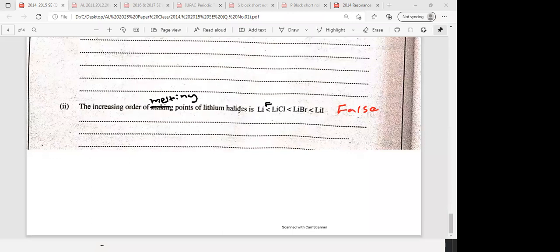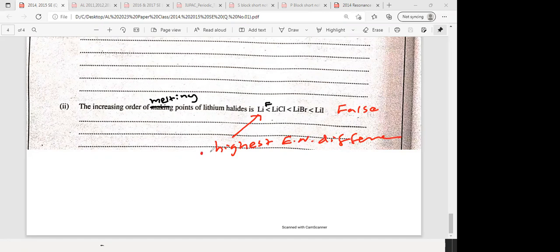Electronegativity difference highest, LiF. Ionic character highest, LiF. Therefore melting point highest, LiF. Put an arrow. Lithium fluoride has the highest electronegativity difference, highest EN difference, and then lowest.